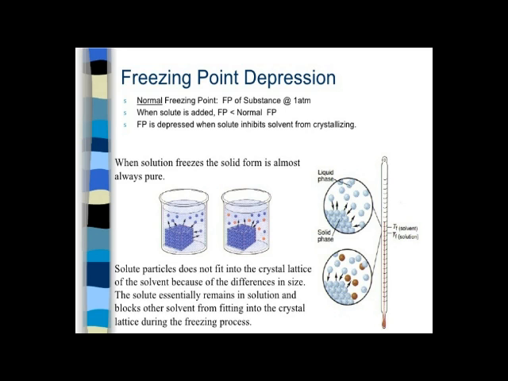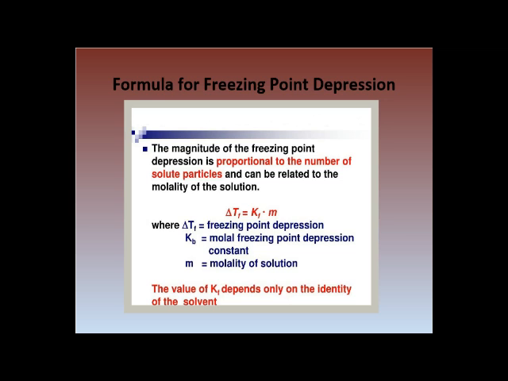And when we see the formula for freezing point depression, it is delta Tf equals Kf into small m. Here delta Tf is freezing point depression, Kf is the molar freezing point depression constant, otherwise known as cryoscopic constant, and m is nothing but molality of solution.